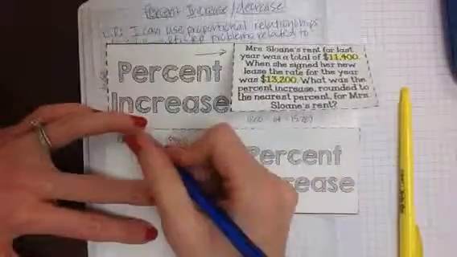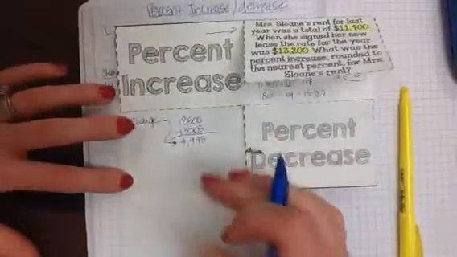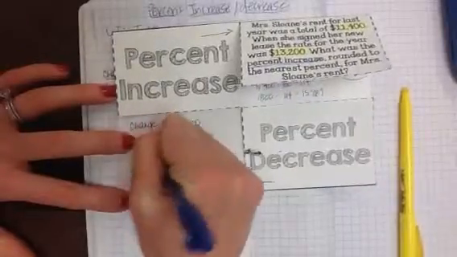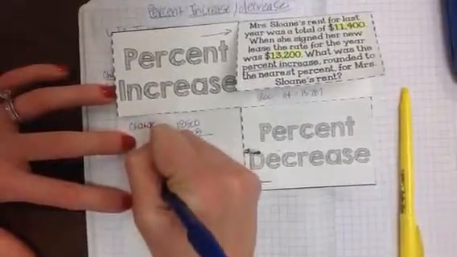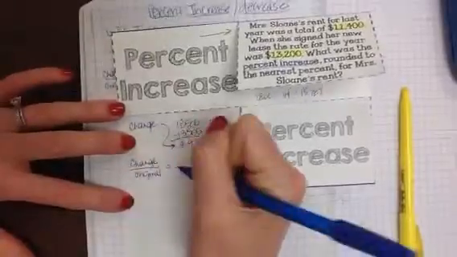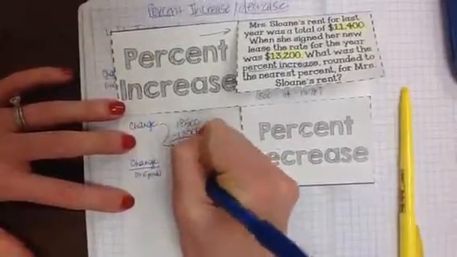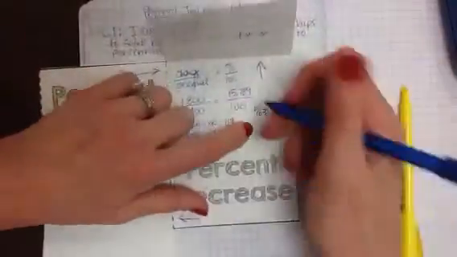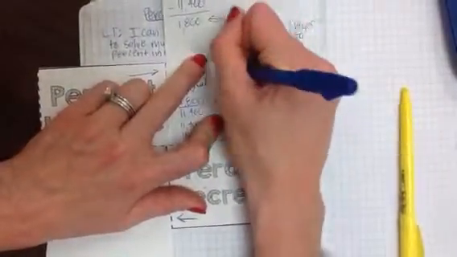Okay, so this is our change. So we have change over our original, and that's going to equal percent out of 100. We're trying to figure out what this is. This is our x.